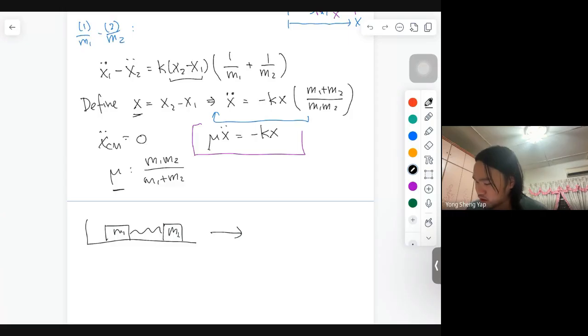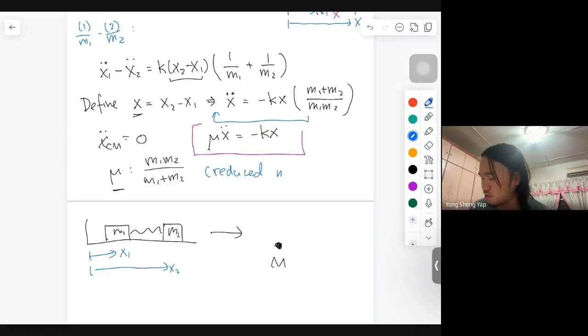Instead of understanding the degrees of freedom x1 and x2, the two positions of the boxes from an origin, I can reduce the system into a center of mass which doesn't move, and then something called the reduced mass, which is this mu.